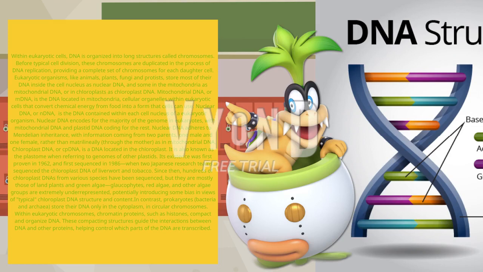Chloroplast DNA, or cpDNA, is a DNA located in the chloroplast. It is also known as the plastome when referring to genomes of other plastids. Its existence was first proven in 1962, and first sequenced in 1986, when 2 Japanese research teams sequenced the chloroplast DNA of liverwort and tobacco.